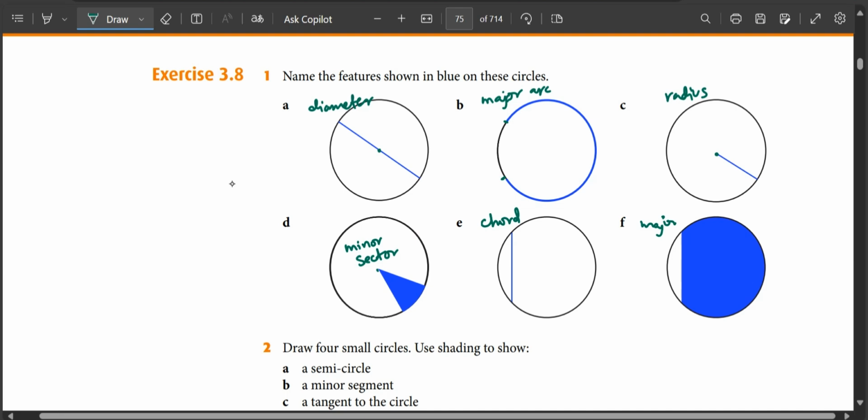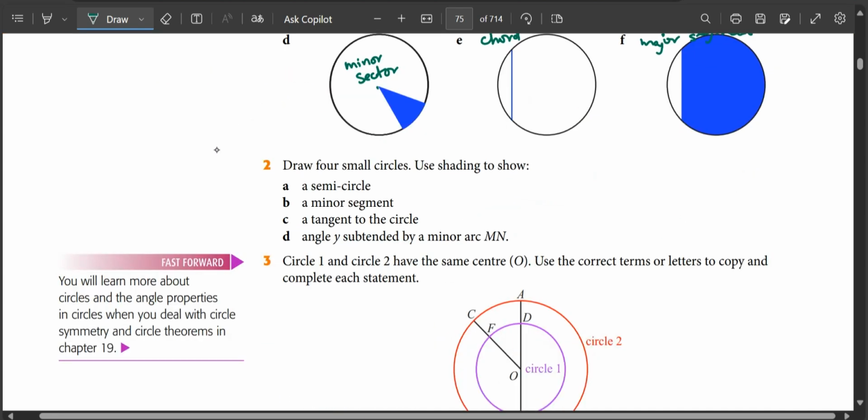Okay. For question number 2, draw four small circles, use shading to show a semicircle. For part A, semicircle will look like this, and you can shade this part evenly, like this. Okay, B part, shade a minor segment.